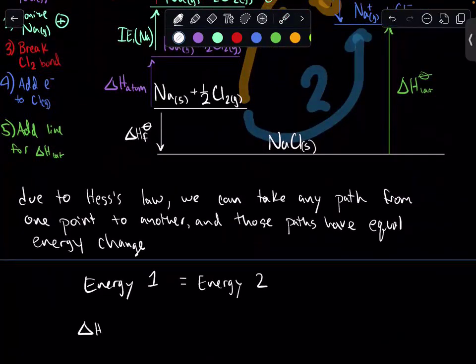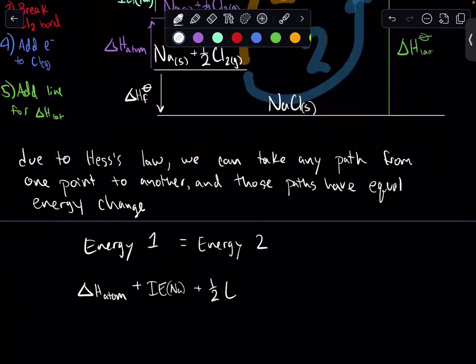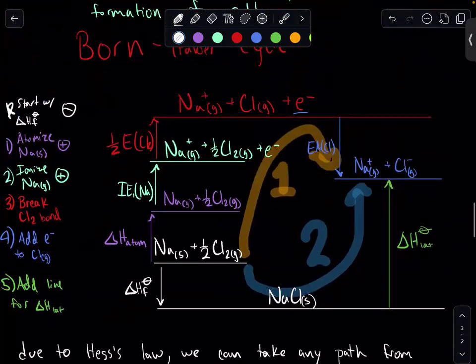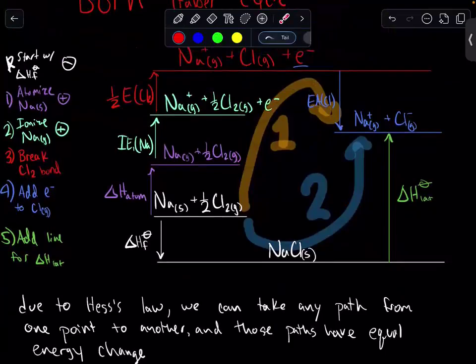Path 1 is the delta H atom plus the ionization energy of sodium plus 1/2 of the bond energy of chlorine plus the electron affinity of chlorine. Each of these are positive because I am following the direction of the enthalpy change. So I'm adding each of these enthalpy changes to one another because I'm not going against the arrow. If I were going backwards, they would all be negative, but I'm going forwards, so they are all positive.